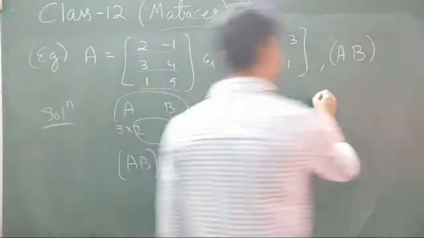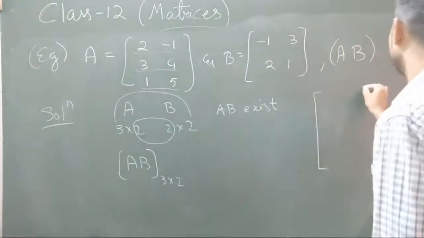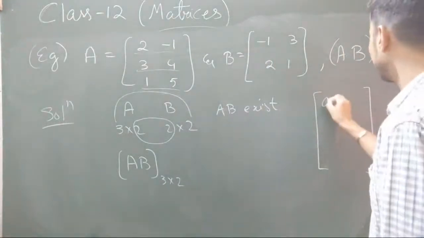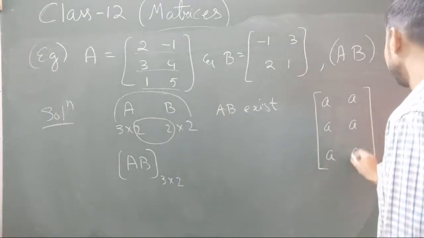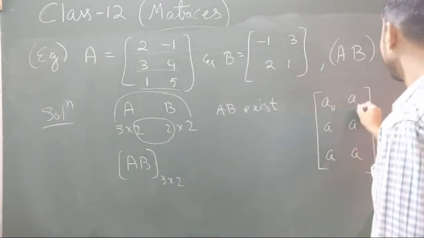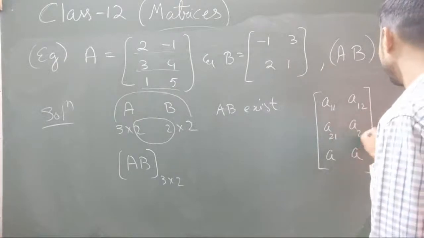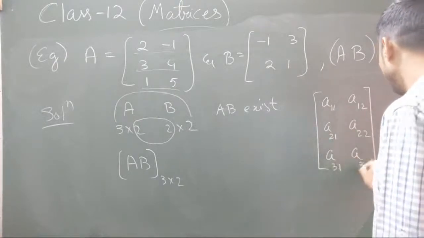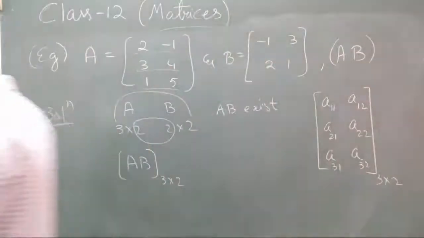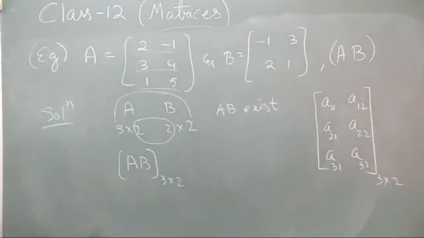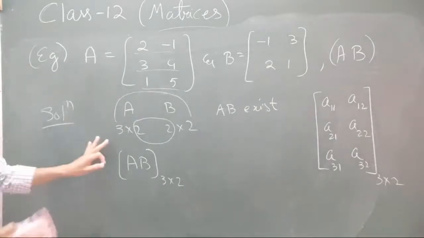I will prepare a rough matrix. 3 by 2 means we will have 3 rows and 2 columns: 1,1; 1,2; 2,1; 2,2; 3,1; 3,2. This is how our matrix of order 3 by 2 should look.